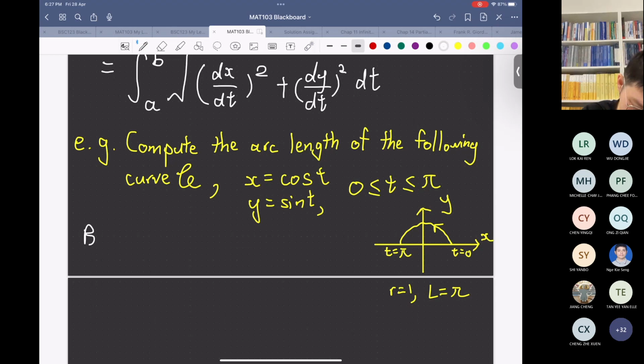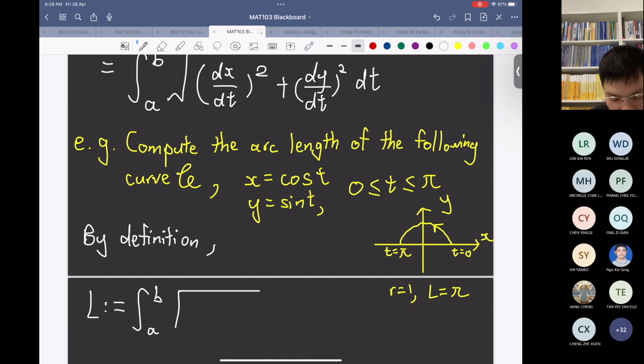So let's do it. So by definition, L is equal to the integration from a to b square root. Okay, remember where the square root came from? The Pythagoras theorem. Square root dx over dt square plus dy over dt square dt.